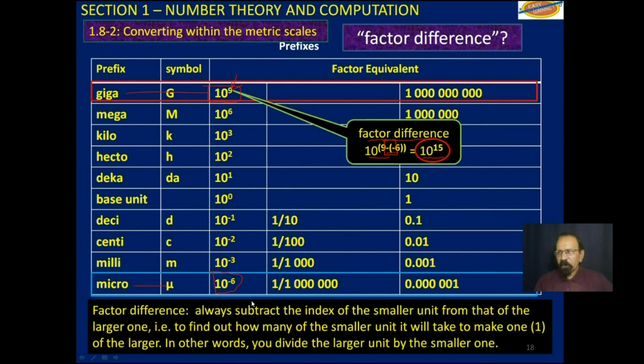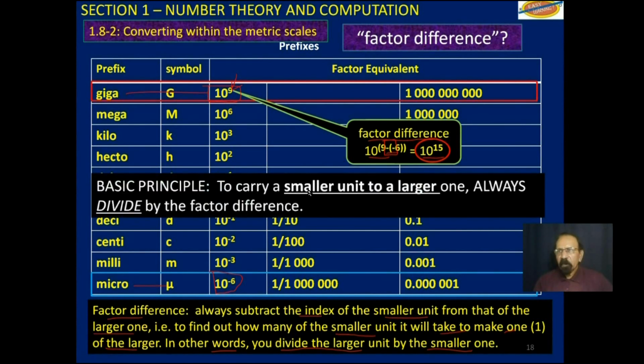So the factor difference, always subtract the index of the smaller unit from that of the larger one. That is to find out how many smaller units will make up one of the larger unit. In other words, you divide the larger unit by the smaller unit, and since we are dealing with indices, you subtract the indices when you are dividing.